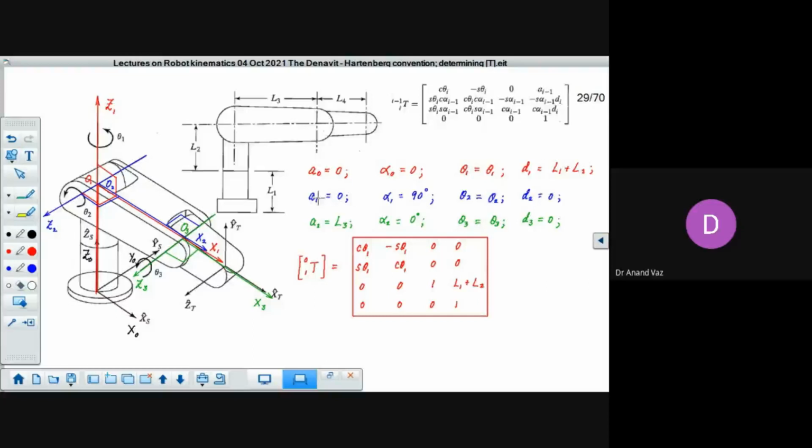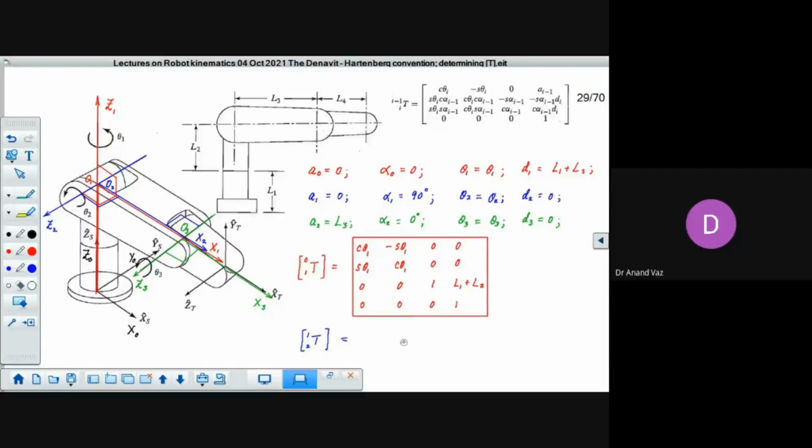In the same way, the second matrix, T2 to 1, is obtained from the second row. I'm not going to do this, but I'm going to leave it as homework for you. You have to do it. Please don't hesitate, don't postpone it, because our subsequent interactions will involve all this.